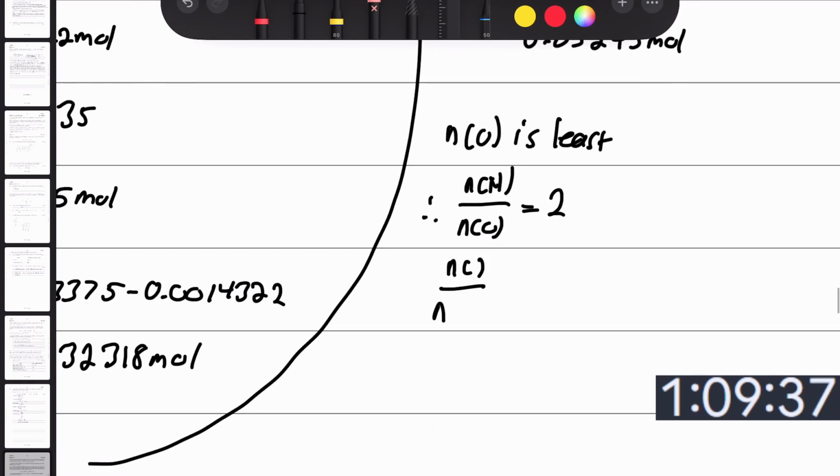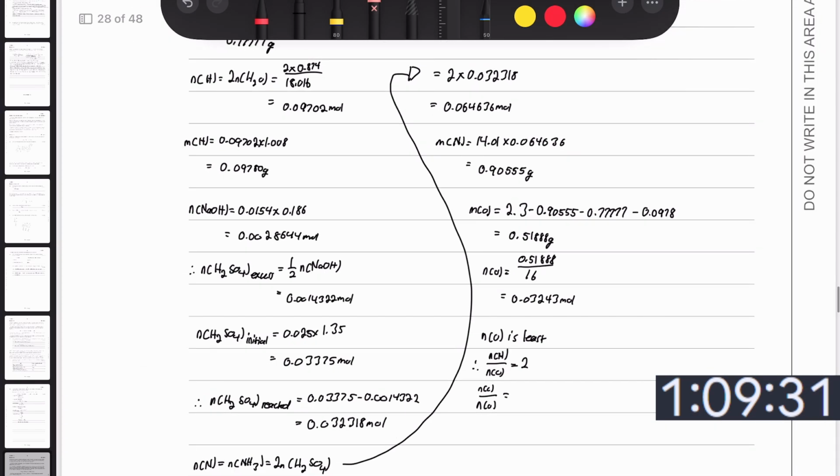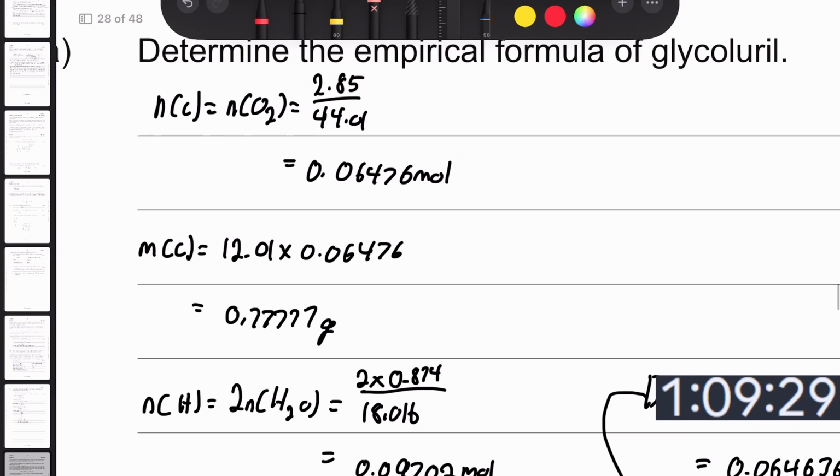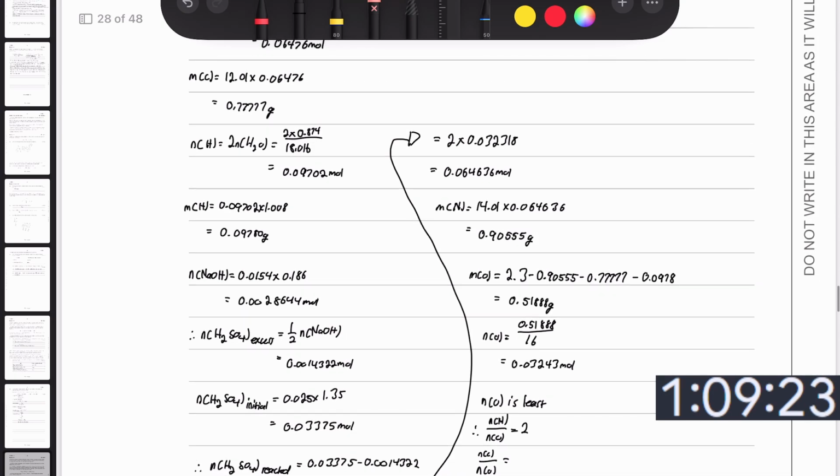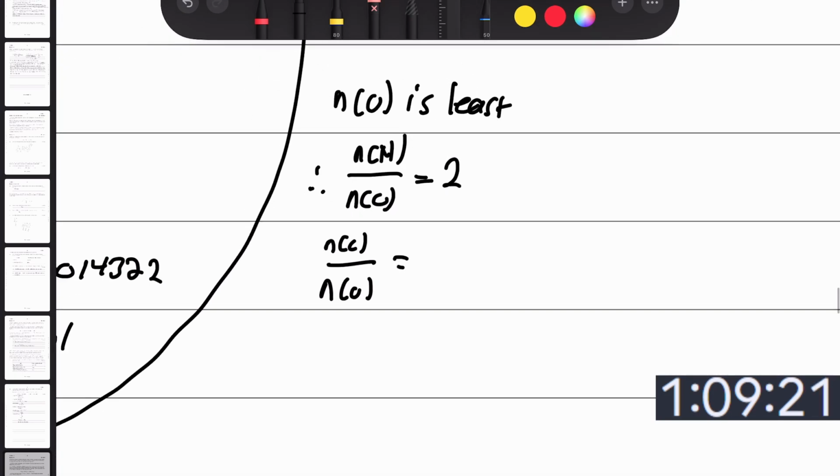Number of carbons over number of oxygens: 0.06476 over 0.03243, it's also 2.